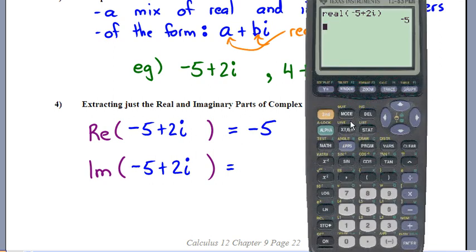So if I do this again and I go math, I'm going to slide over to complex. And now I'm going to pick the imaginary chunk and do that for -5 plus 2i. It'll look at the 2i part, but it doesn't tell me about the i. It just says the imaginary part of that is 2 in terms of size. So it doesn't put the i in there, it just tells you the coefficient in front of that.